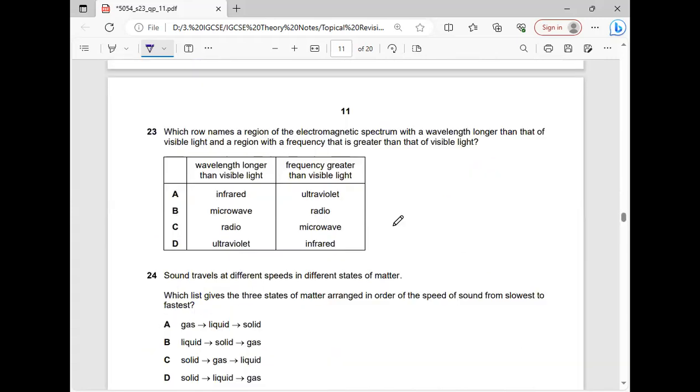Next MCQ: which row names a region of the electromagnetic spectrum with a wavelength longer than that of visible light and a frequency that is greater than visible light? We know the sequence will be gamma, X-rays, UV, visible, infrared, microwaves, radio waves. These spectrum parts are arranged so that gamma has the shortest wavelength while radio waves have the longest wavelength.